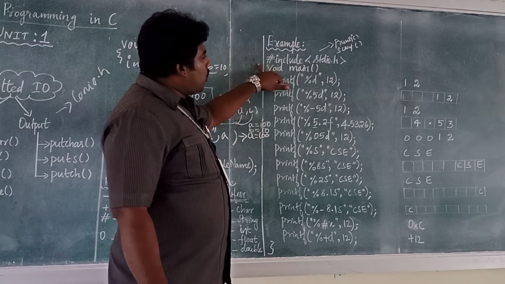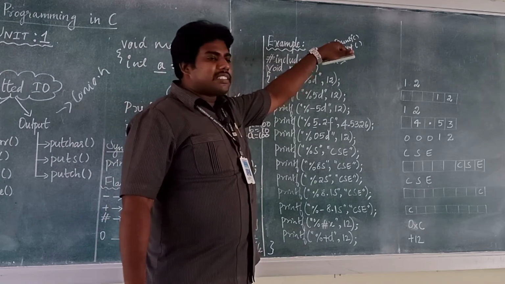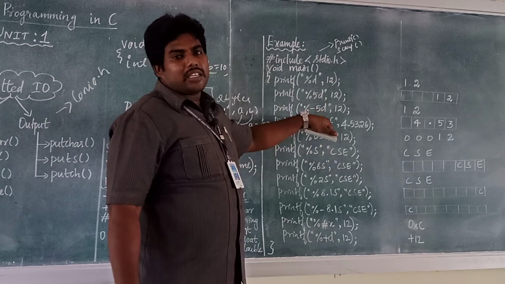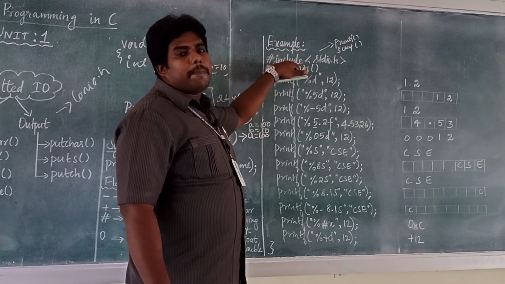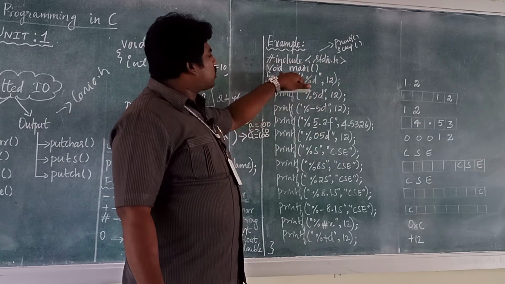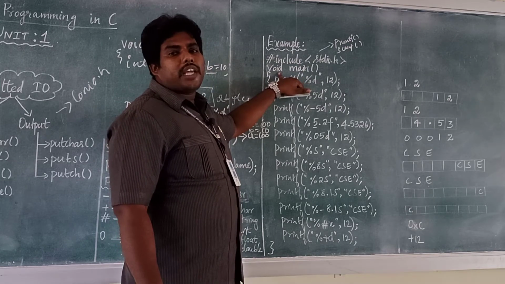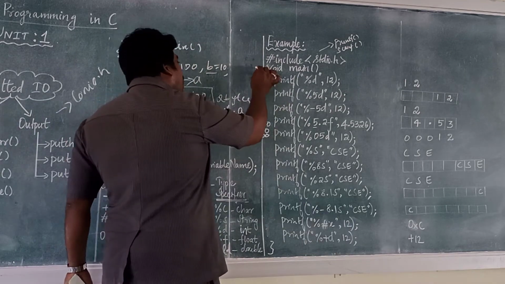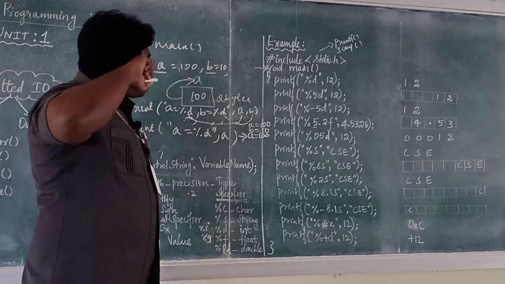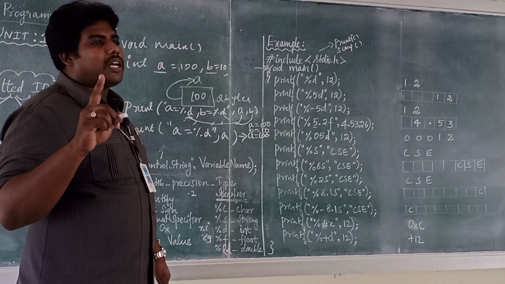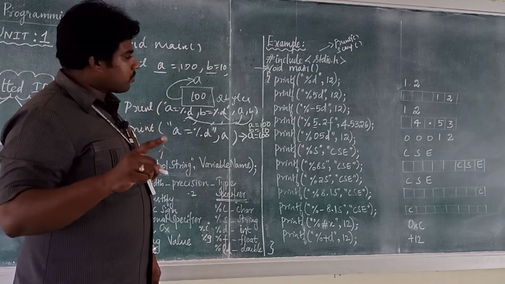So you are including the printf and scanf functions in your program. You are linking. That's what we call a preprocessor directive. The next one is void main. What is void main? Void main is the starting position of your program. All C programs must have one void main. Void main denotes the starting position.